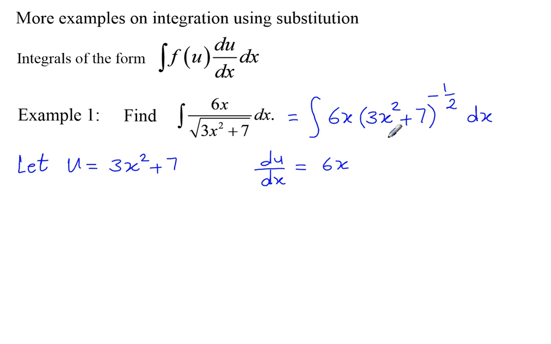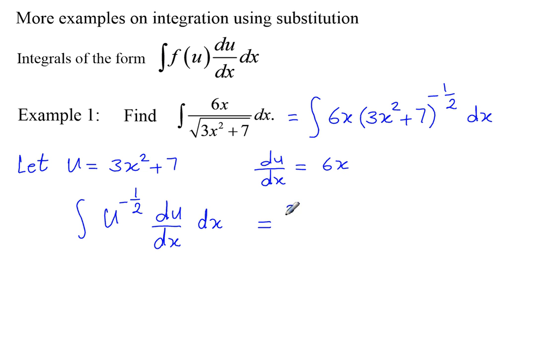If we start putting this back into the integral, now this here would be u to the power of negative half, and then we have 6x that can be replaced by du by dx, and with respect to x.